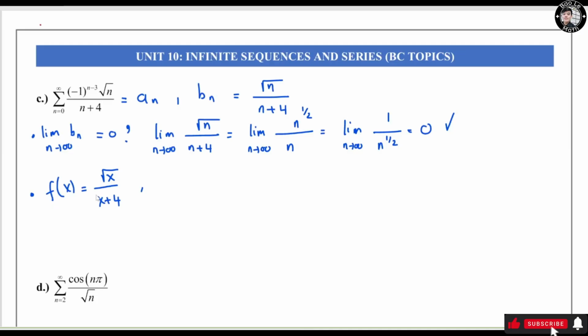Now I'm going to check the derivative of this one using the quotient rule, right? So I have (u over v) prime is going to be (u prime v minus v prime u) over v squared.